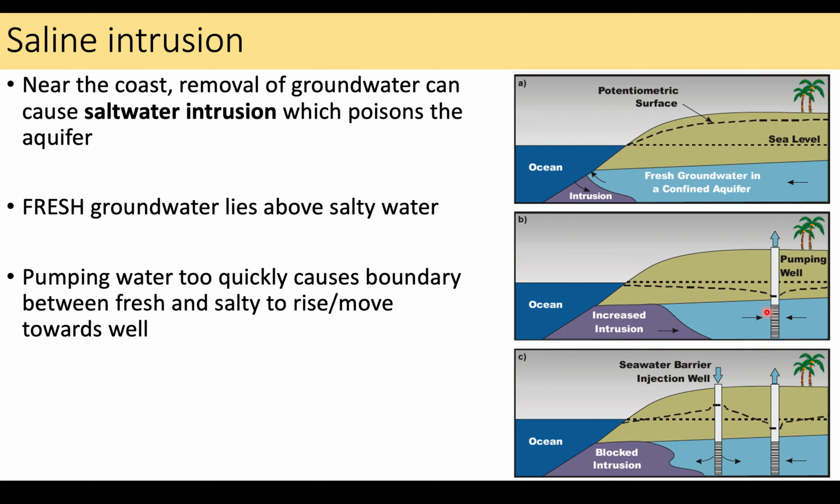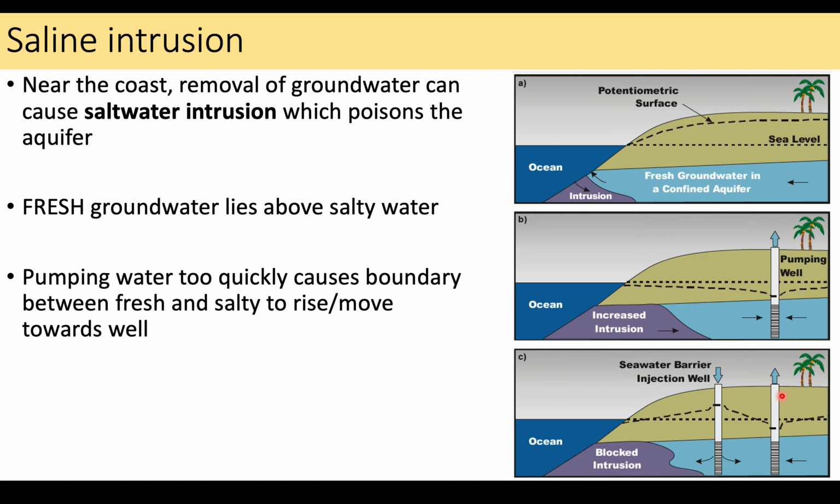So one way to offset this is to have your well that's pumping up your fresh water and then build a second one, called an injection well. So what you're doing is you're pumping water back down. So you're blocking the intrusion from coming in towards your pumping well.